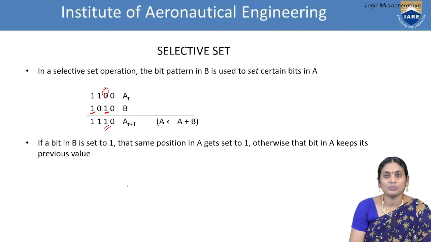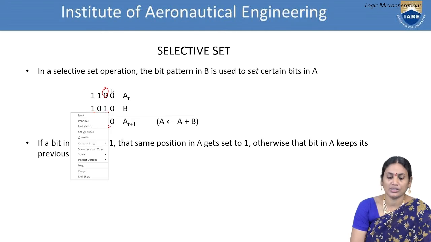If zeros are found over here, the transfer of A is as it is. Only when I find ones in B does it get affected.